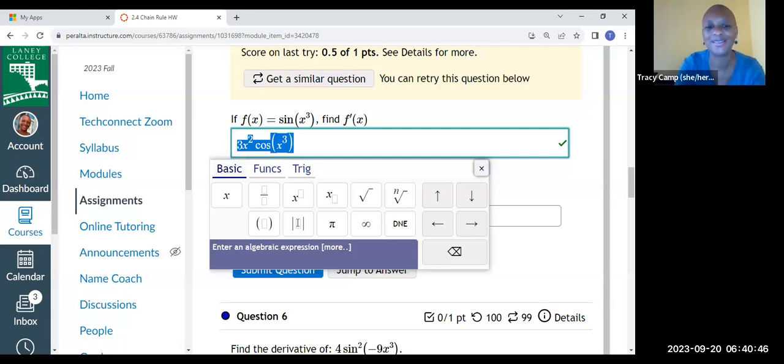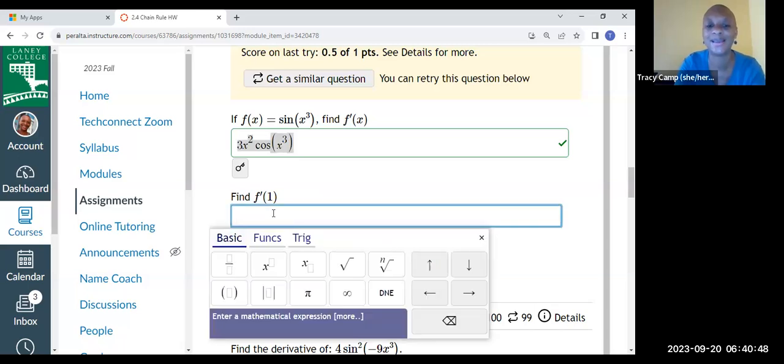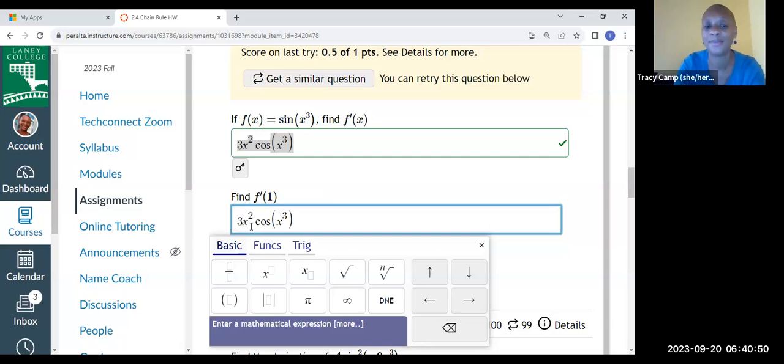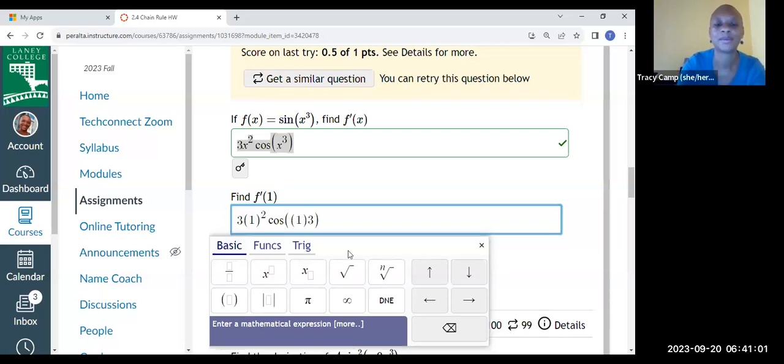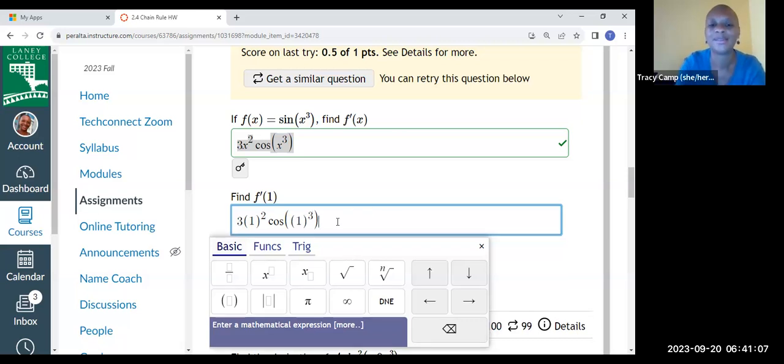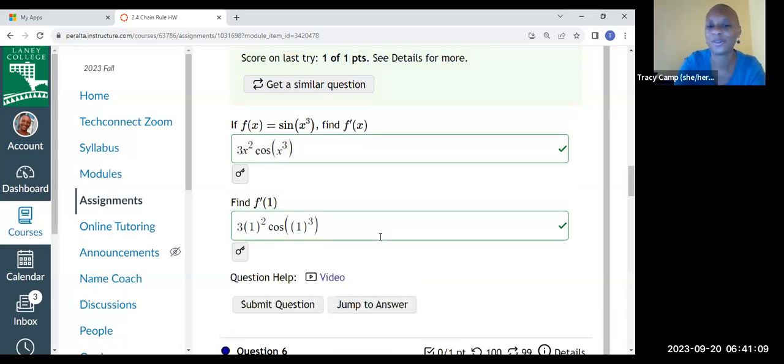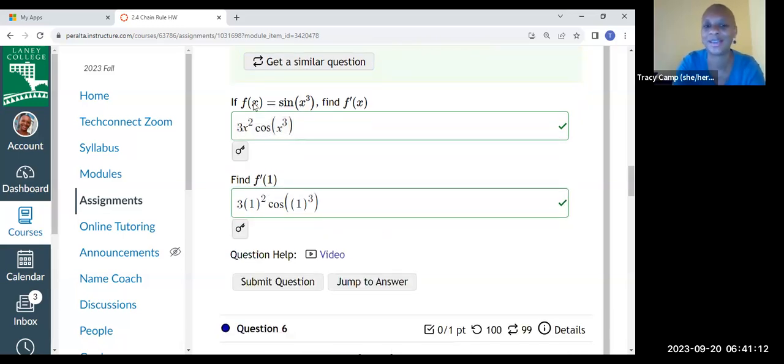Actually, this one's not bad, but you can totally copy this and paste it and then replace your x's with 1s and you'll be fine. The reason I was saying this one isn't bad is because 1 cubed is just 1. So it's not a lot of work to simplify this.